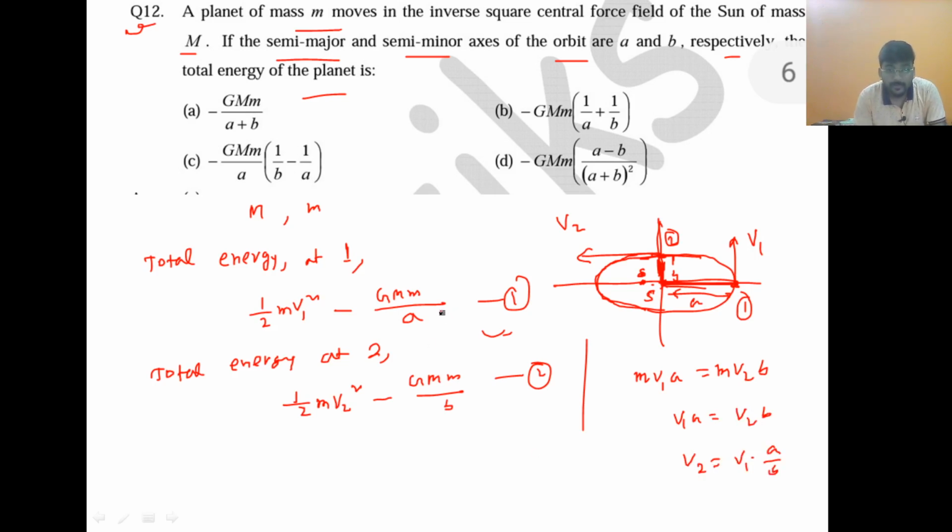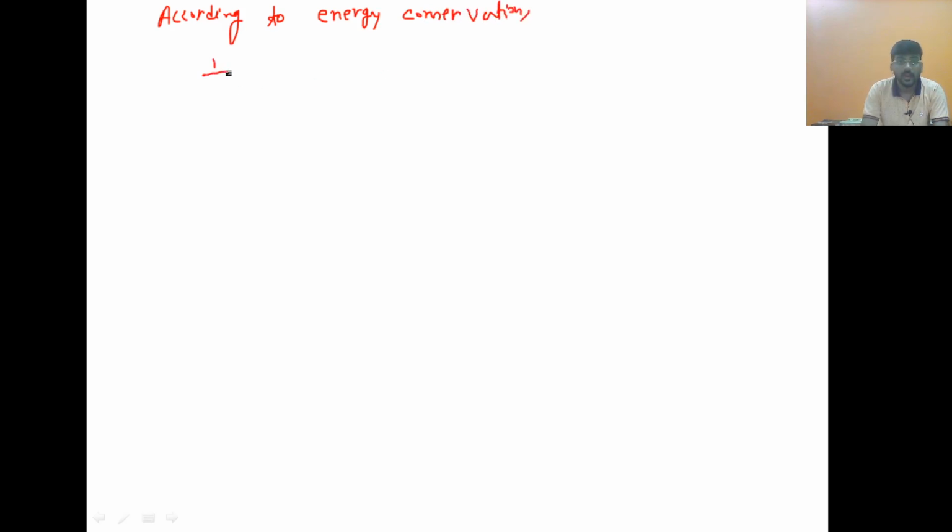Now, according to energy conservation, we have half m v1 square minus G capital M small m divided by A is equal to half m v2 square minus G capital M small m divided by B.